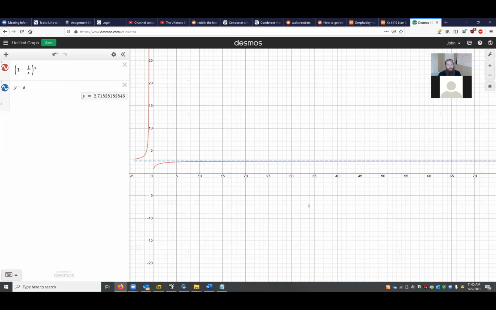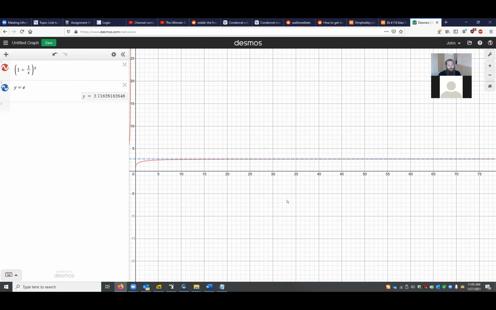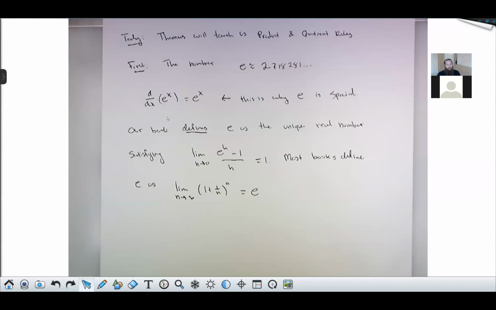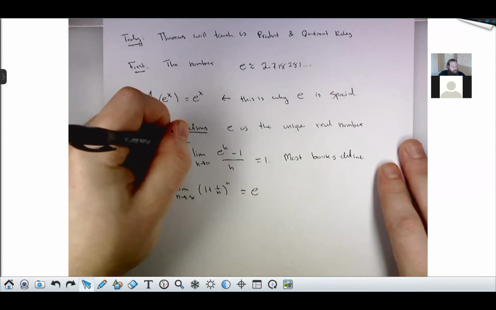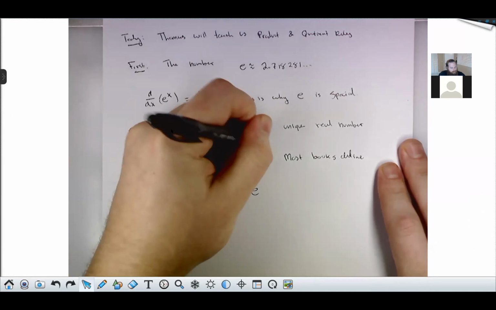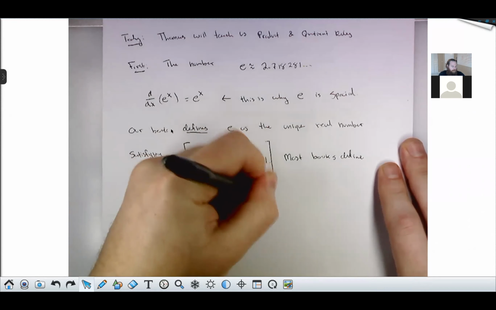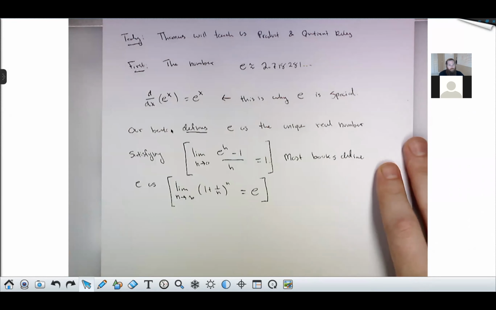And what I wanted to show you is that our way is really the same as the normal way. So this is the book's definition. This is the normal definition. Now I aim to show you that they're the same.